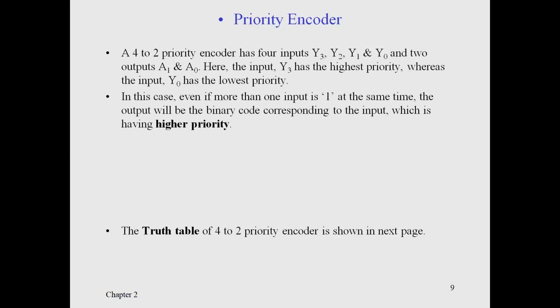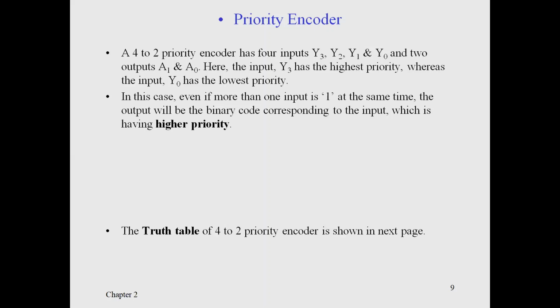In this case, even if more than one input is 1 at the same time, the output will be the binary code corresponding to the input which has higher priority. So basically, we designed a priority based system, where we have given priority to the inputs.